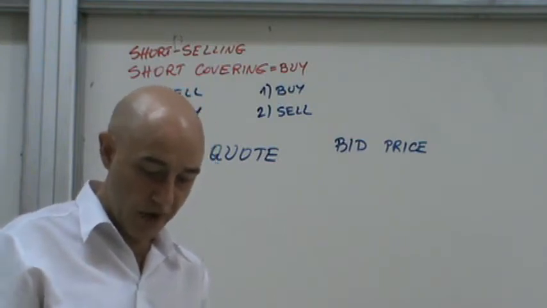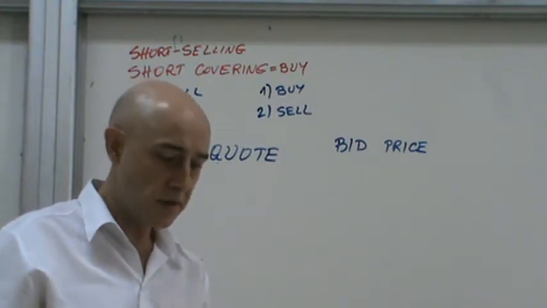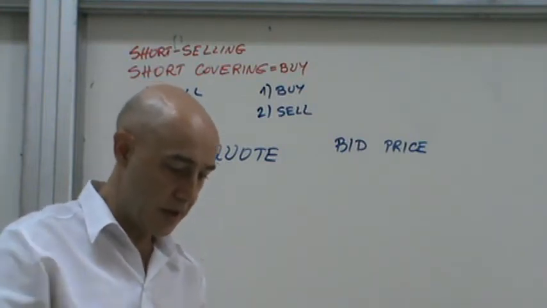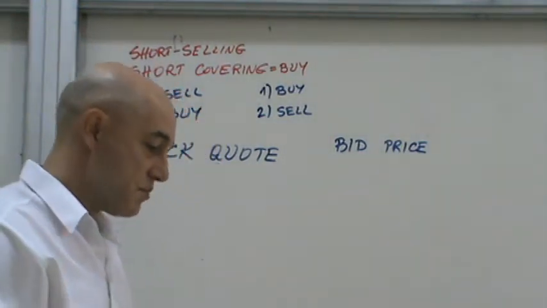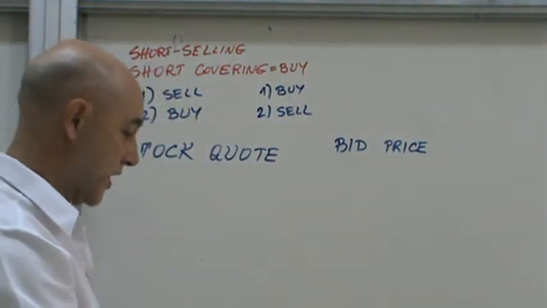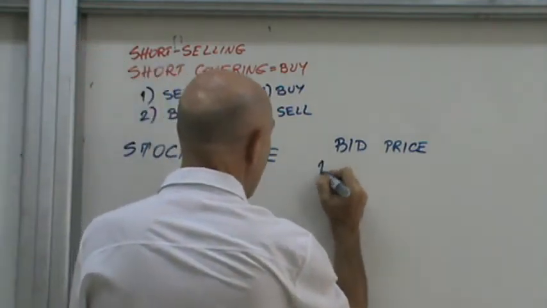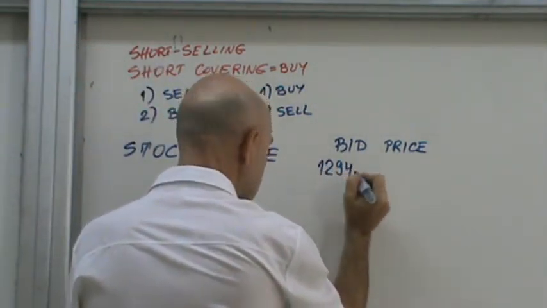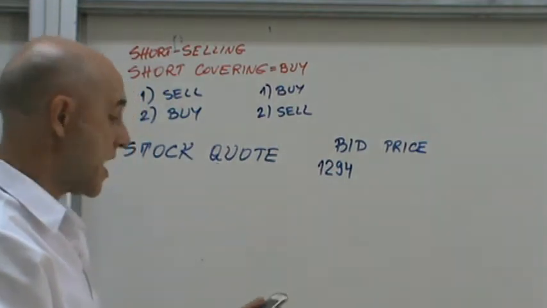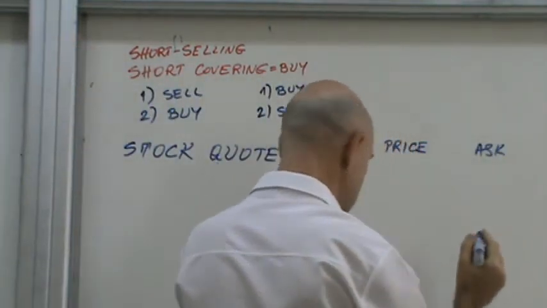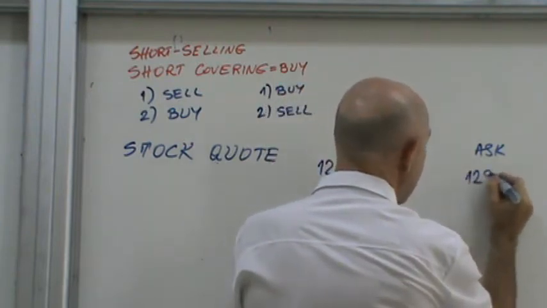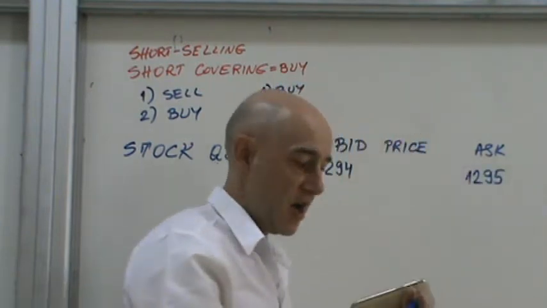So I open right now, and let's take a look at the price of gold. Bid is $12.94, and the ask over here is $12.95.